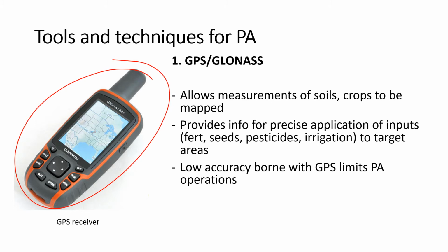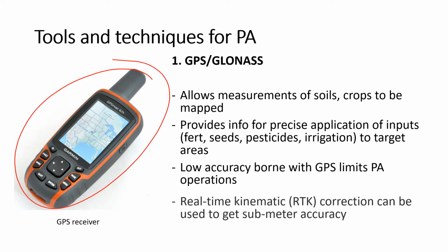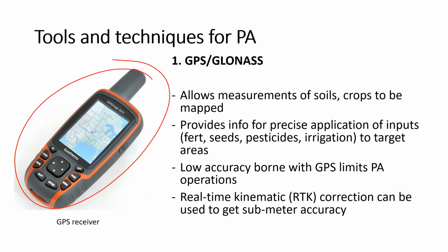Now, the challenge with these GPSs or these receivers is that they have very low accuracy. Now, this low accuracy would prevent or inhibit the application of this GPS technology to precision agriculture operations. However, the kind of GPS that is adopted for high accuracy precision ag is what we call real-time kinematics, or in other words, it is called RTK.